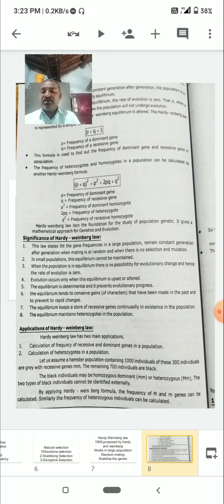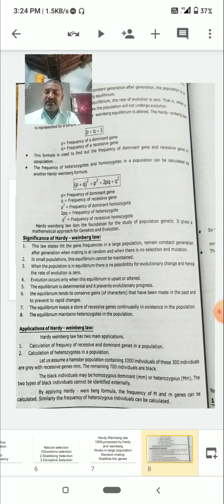Here p square is the frequency of the dominant homozygote, 2pq is the frequency of the heterozygote, and q square is the frequency of the recessive homozygote. So, there are two formulas: p plus q equal to 1 and (p plus q) whole square equal to p square plus 2pq plus q square.